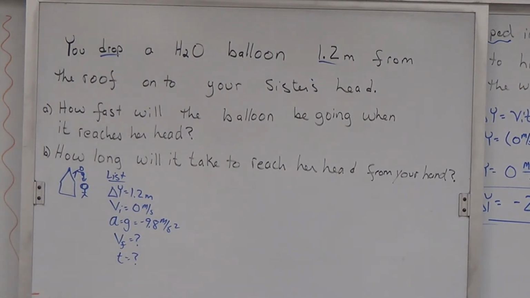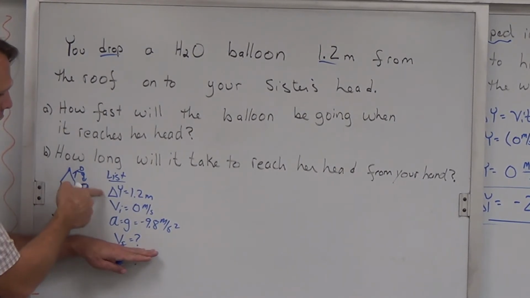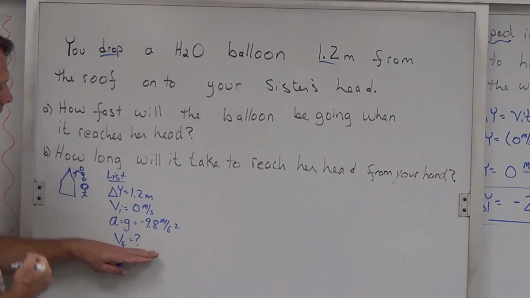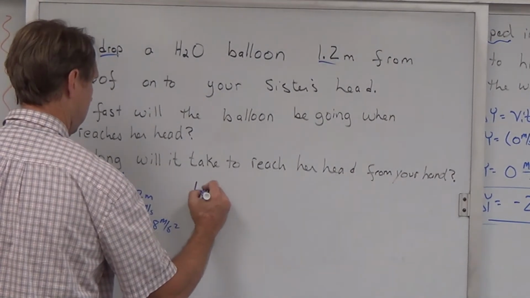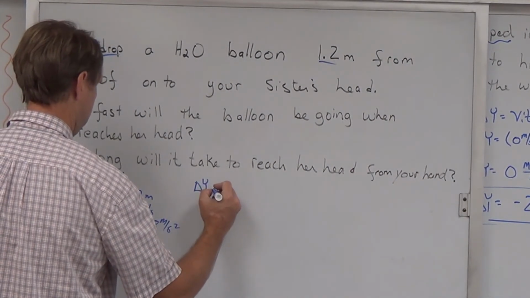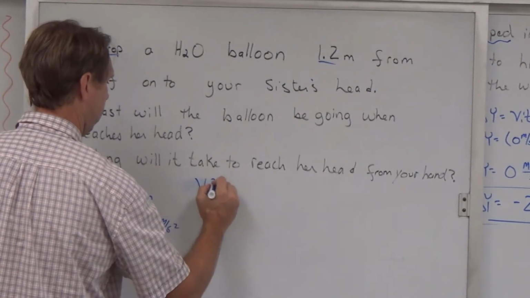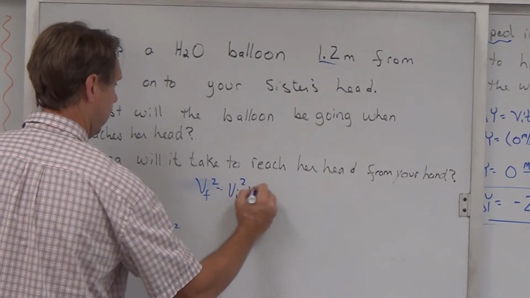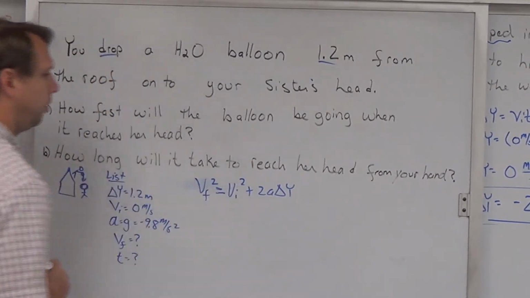I'm going to go ahead and solve for the final velocity first. So what formula has a displacement, initial velocity, acceleration, and VF? See if you can find it. I'm going to use this formula.